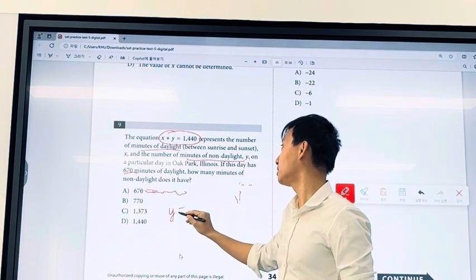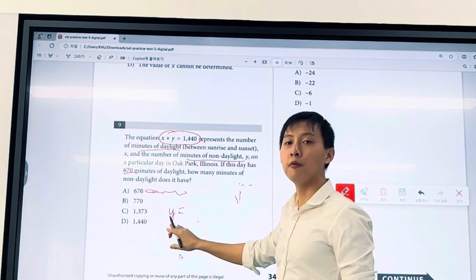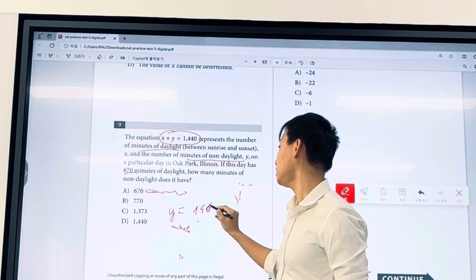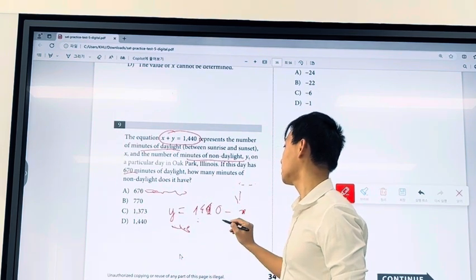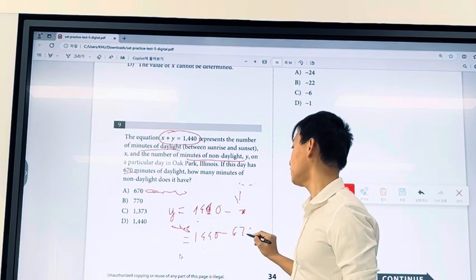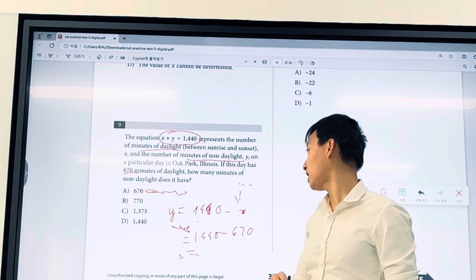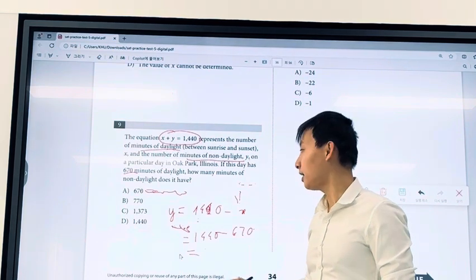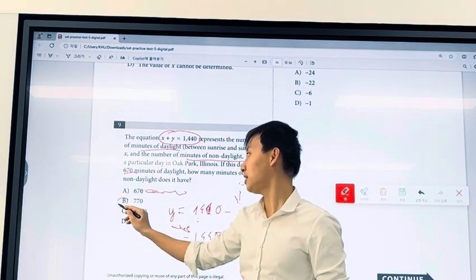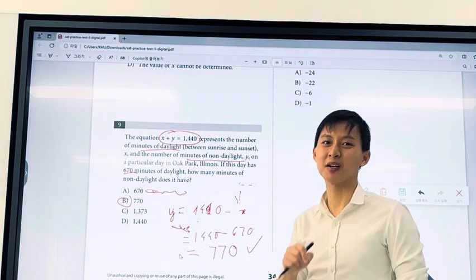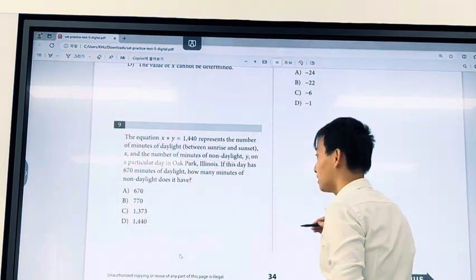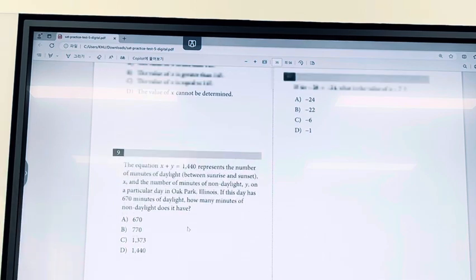You can rearrange to make y in terms of x: y equals 1,440 minus x, which is 1,440 minus 670. The answer is going to be 770. Am I right? If I'm wrong, try to comment and let me know. Okay, thank you.